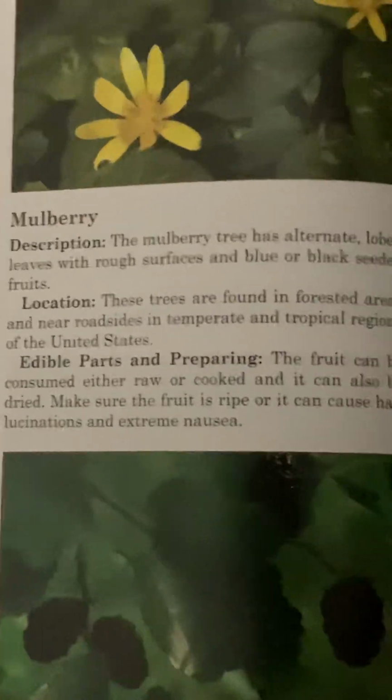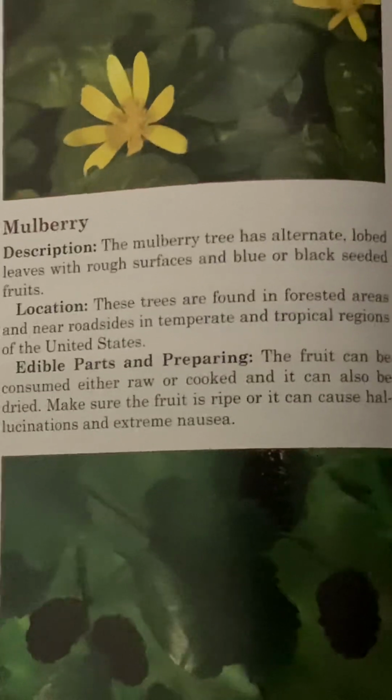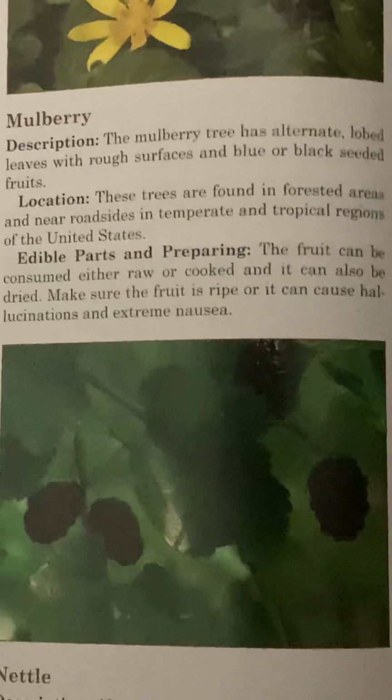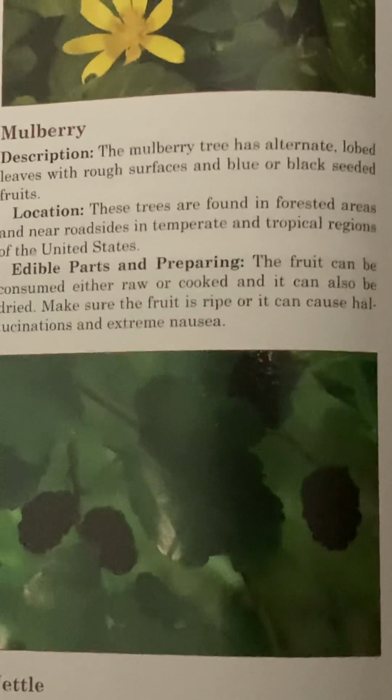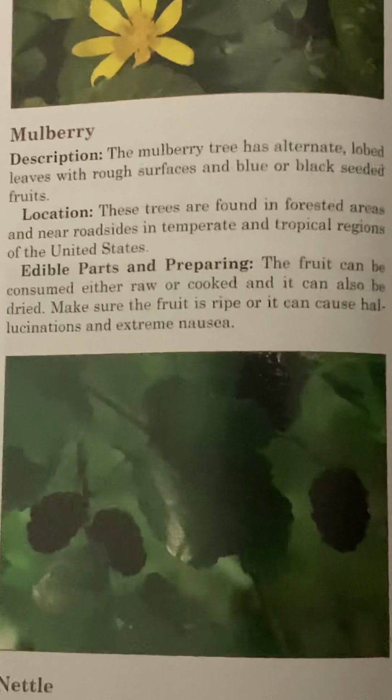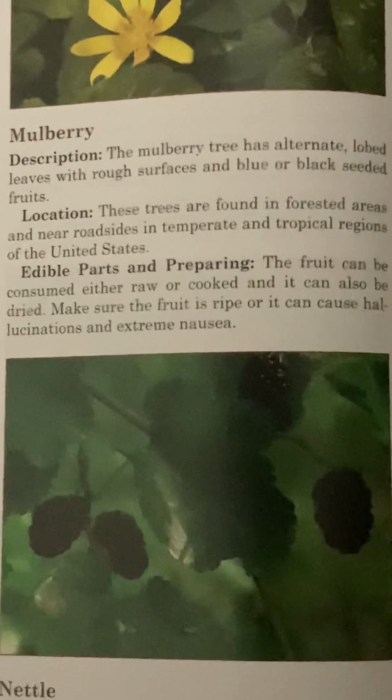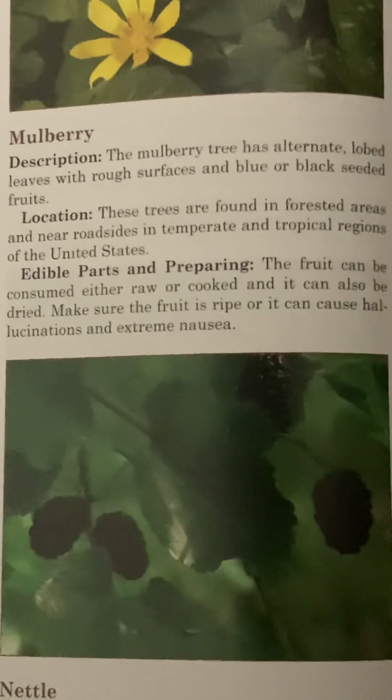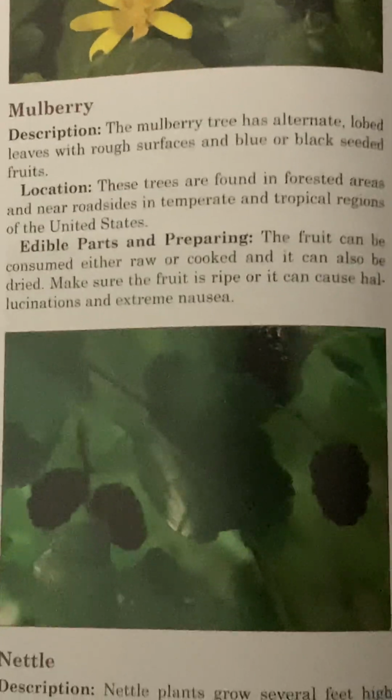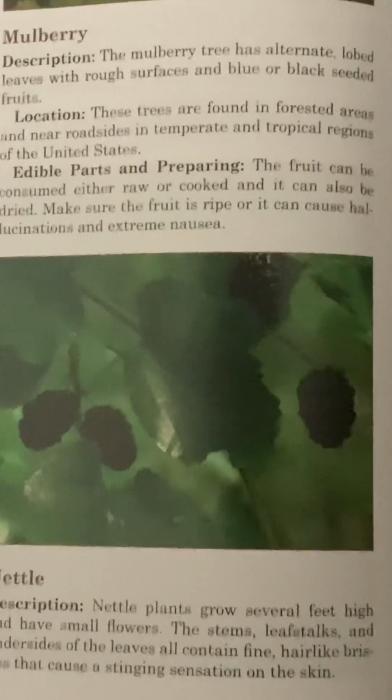Mulberry. Description. The mulberry tree has alternate lobed leaves with rough surfaces and blue or black seeded fruits. Location.